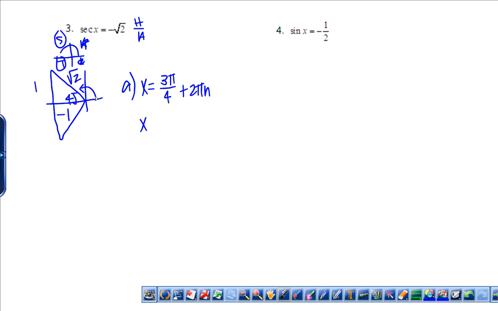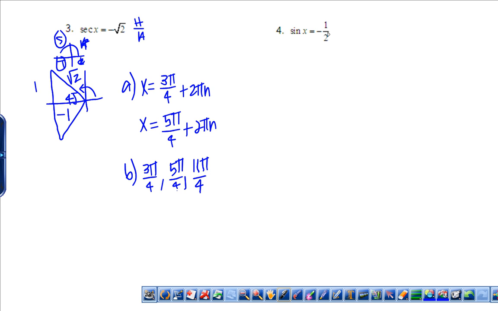I've already done 3 pi over 4, and I can build it as 5 pi over 4. If you would like to, you can give me the negative angle as well. So my b values, my positive answers, would be 3 pi over 4, 5 pi over 4, and 11 pi over 4.